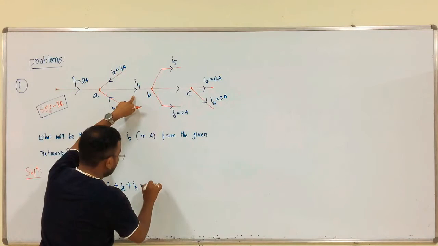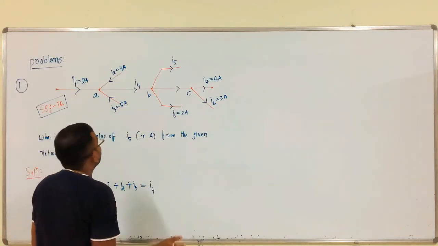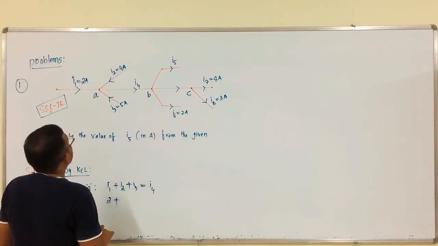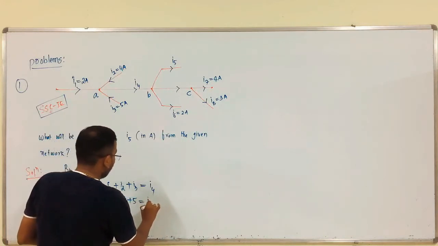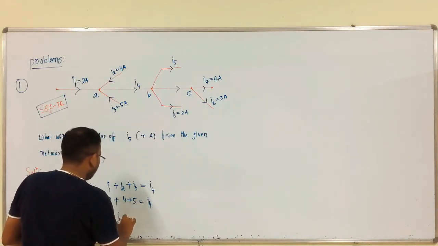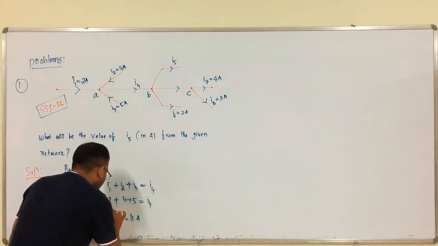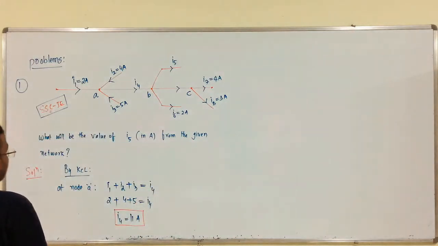So I1 plus I2 plus I3 is equal to I4. The value of I1 is 2, plus I2 is 4, plus I3 is 5, which is equal to I4. Therefore the value of I4 is 11 amps. I4 is 11 amps, clear.